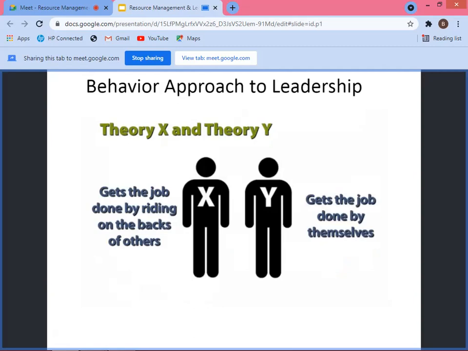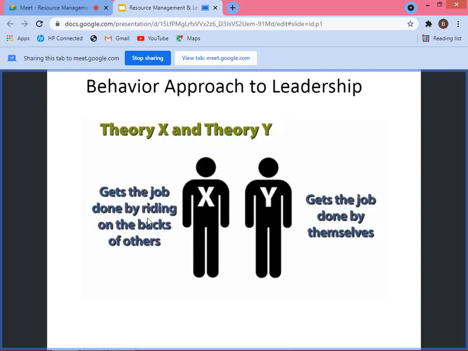What does it mean? It means that the Theory X employee does not know the job yet. He is not ready yet to do the job, does not have the competency, the ability, or the skills to do the job, and does not have the willingness to do the job. That's why he relies on the Y employees.